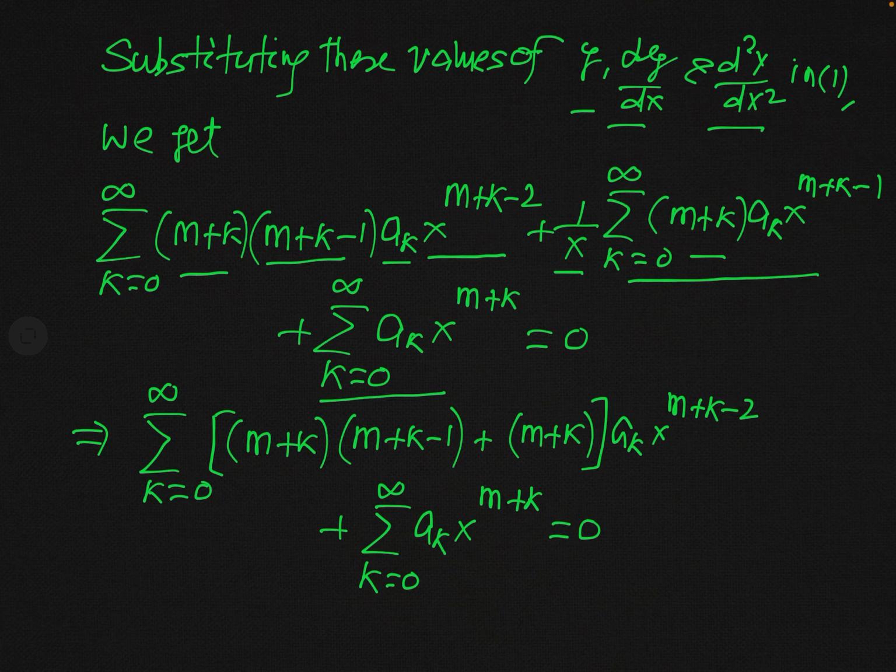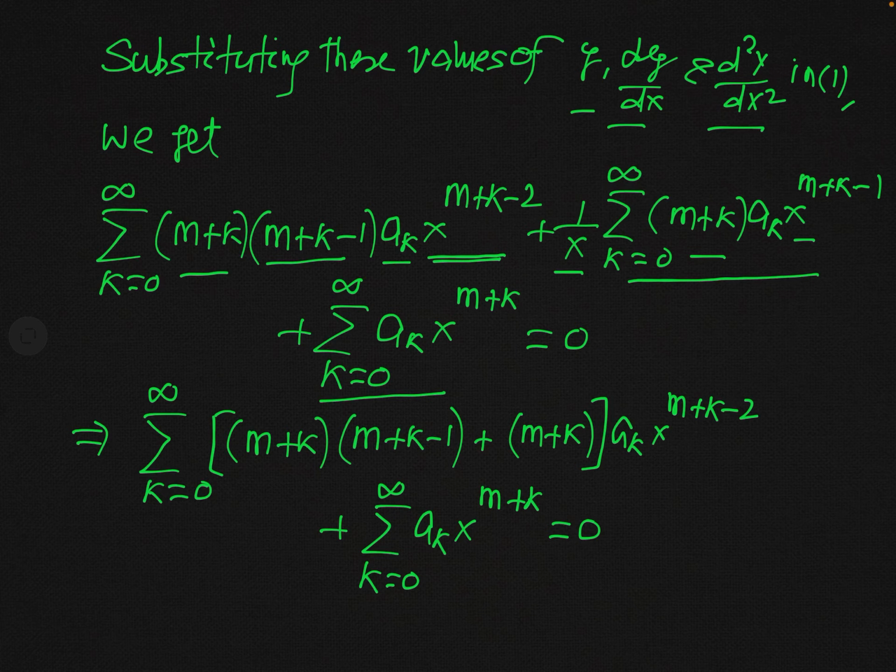Now let us simplify the LHS of this equation to some extent. You can see here that when we divide this second term by x, there will be x to the power m+k-2, and in the first term there is also x to the power m+k-2.